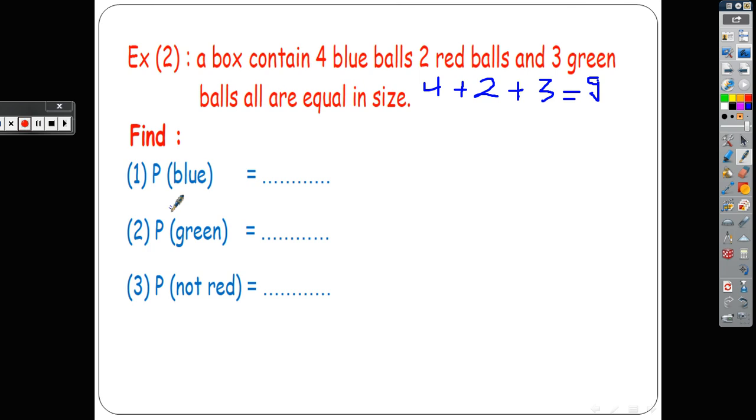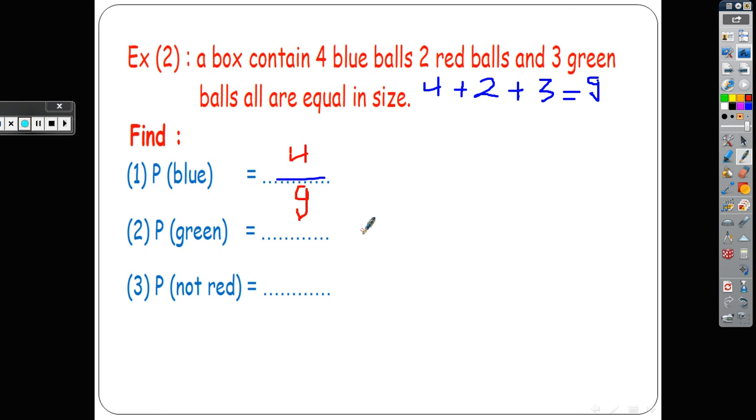If you want to find the probability of the blue balls, how many blue are there? You have 4 blue. So you write 4 over the total number of balls, 9. 4 over 9.